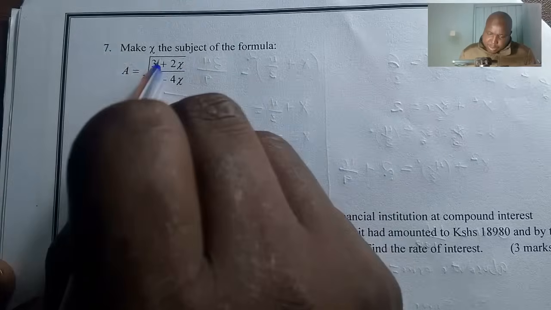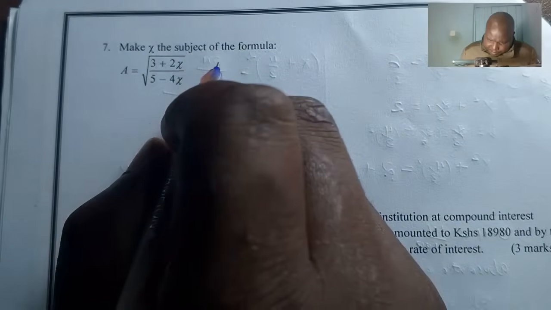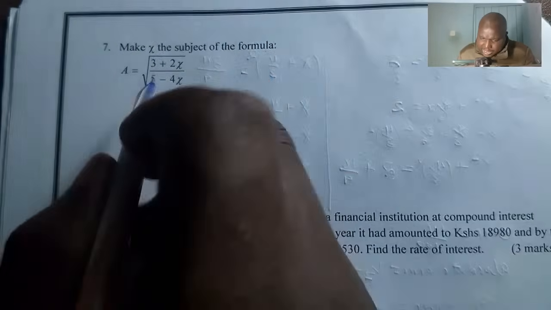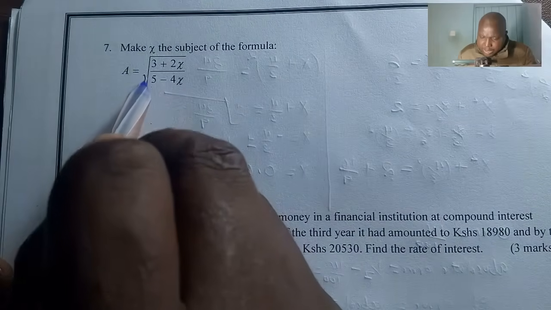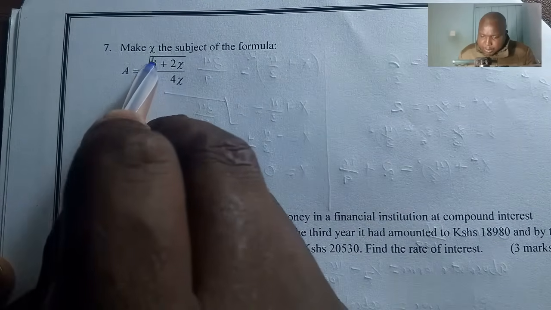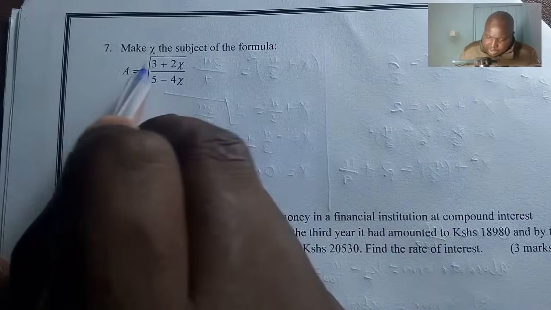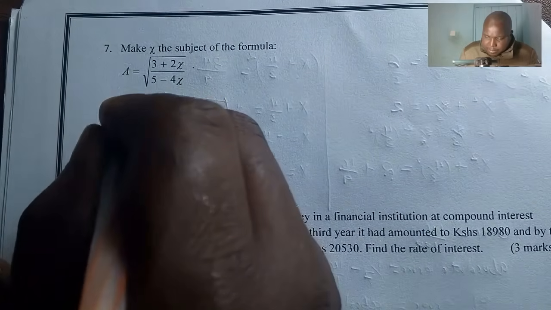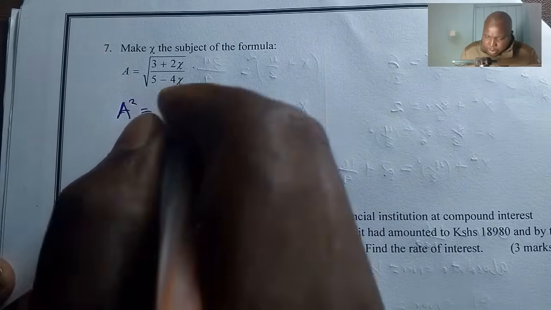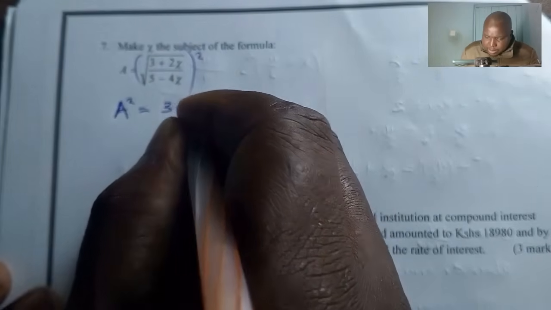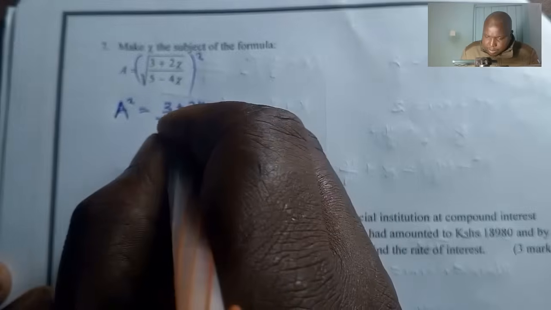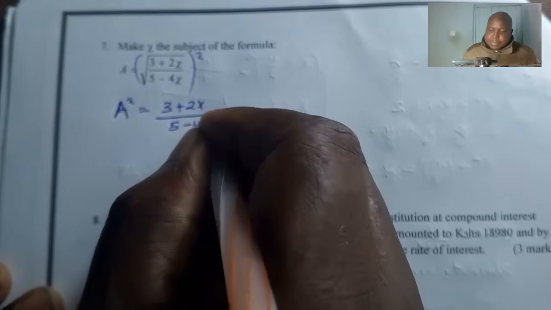Make x the subject of the formula. Since this is the square root, we remove the square root by squaring both sides. So you square this side and this side. So a squared will be equal to, the square root disappears, 3 plus 2x over 5 minus 4x.